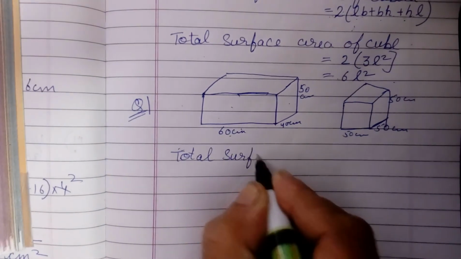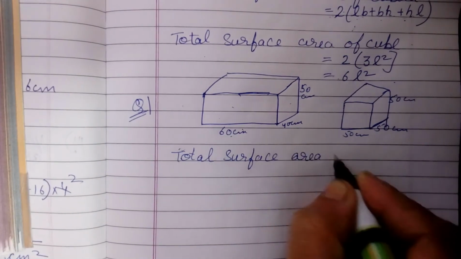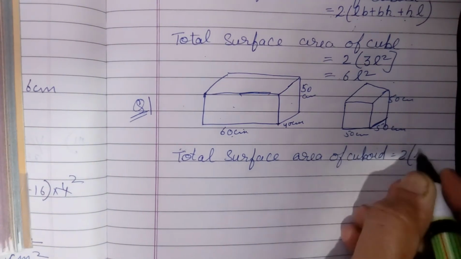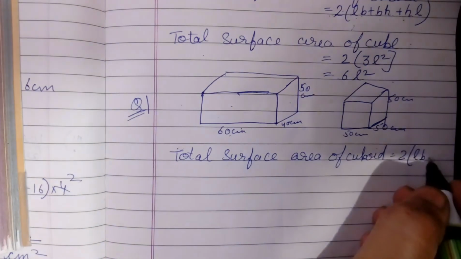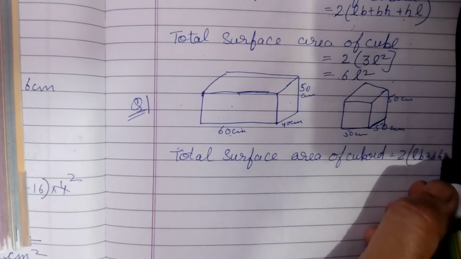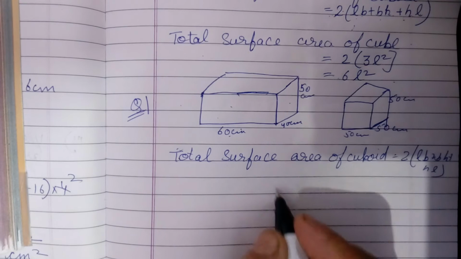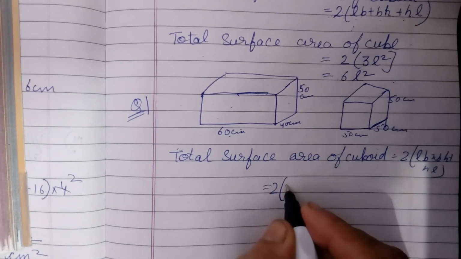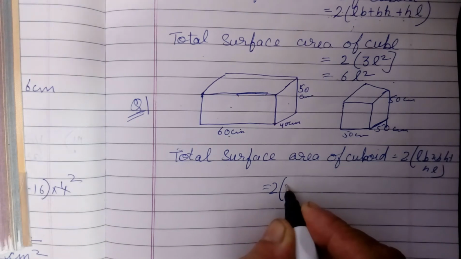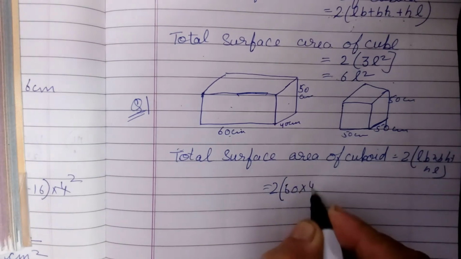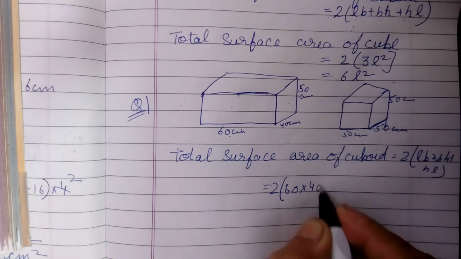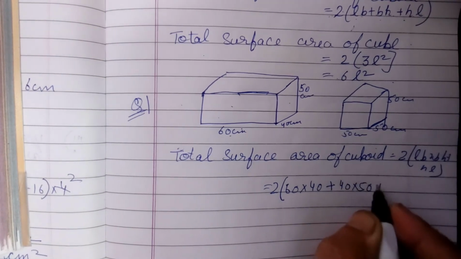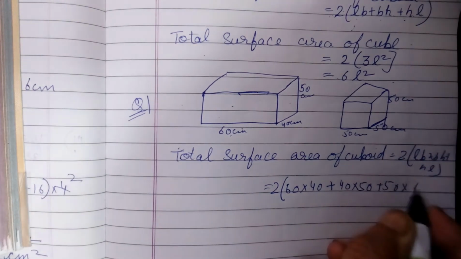So total surface area of cuboid. You want to find of cuboid, and the formula you know now, length into breadth, breadth into height, and height into length. So when you write the values, length is 60 into 40, plus 40 into 50 plus 50 into 60.